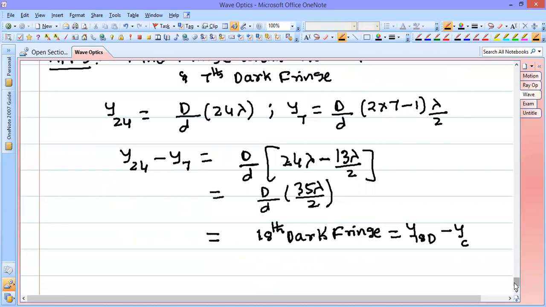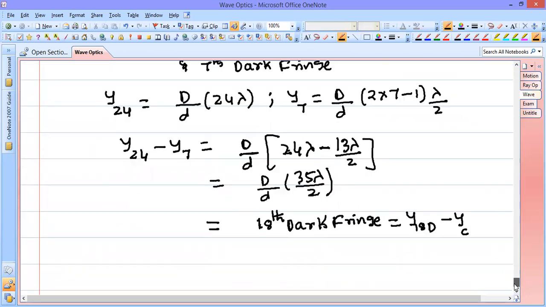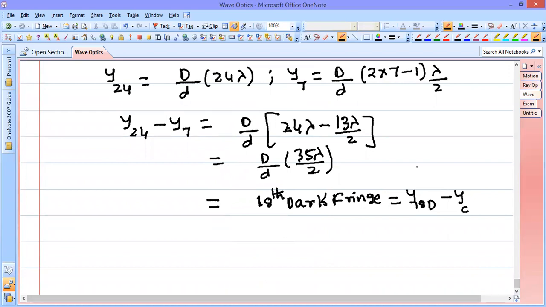Fine. So in these three applications, we found the fringe width. Now, application 4.